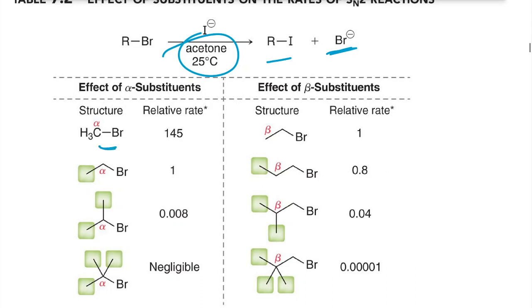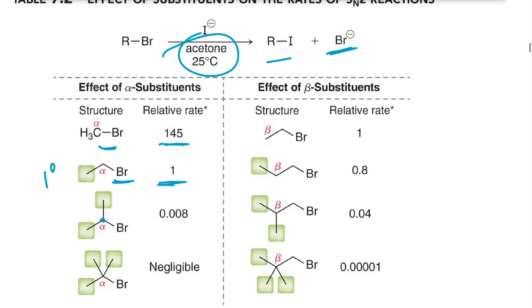You can see if we give the bromoethane a relative rate of 1, then the methyl bromide is 145 times faster than the ethyl bromide. Ethyl bromide is a primary alkyl halide.